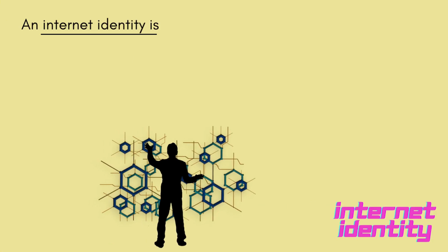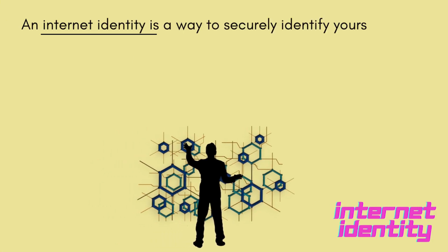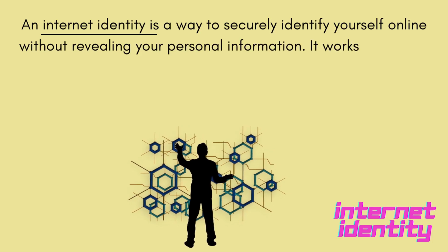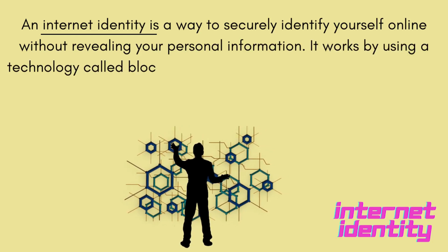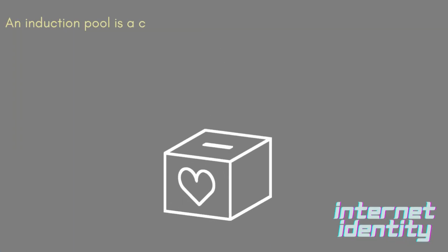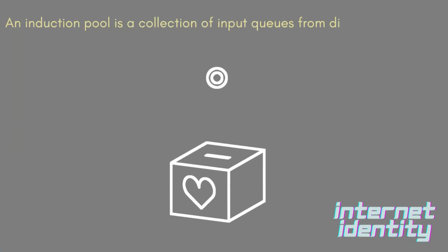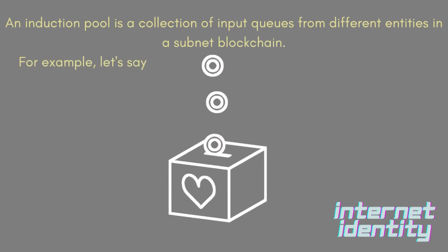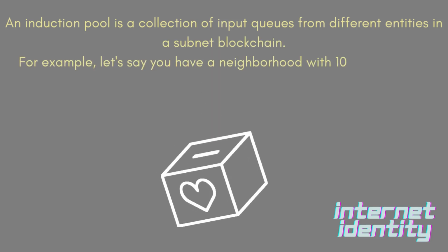An Internet Identity is a way to securely identify yourself online without revealing your personal information. It works by using a technology called blockchain, which is a decentralized and secure ledger that keeps track of all transactions. An induction pool is a collection of input queues from different entities in a subnet blockchain. For example, let's say you have a neighborhood with 10 houses.